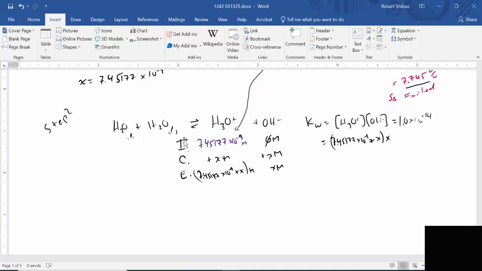If the initial over K ratio is greater than 1,000, then the simplifying assumption is likely to work. But where exactly is that cutoff? I never calculate the ratio. I'll just go ahead and try it and see what happens, because the ratio is a gray area. If it comes close to 1,000, what do you do? So I just go ahead and use it.